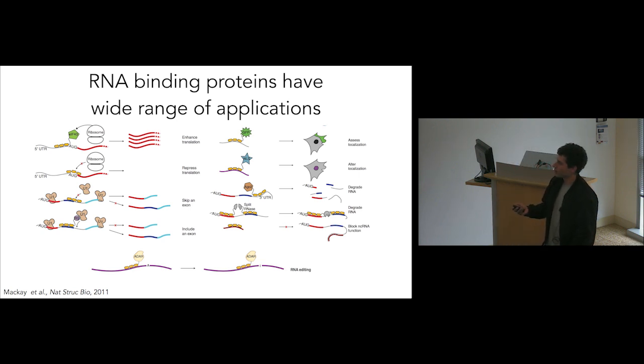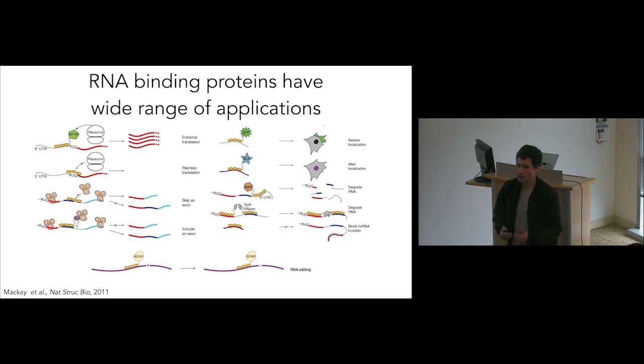So by fusing different domains, you can modulate translation, modulate splicing, assess localization, which we've done, but also alter localization. And you can modulate, of course, RNA levels or change their function or even edit them. So we see a lot of future potential for the tool in mammalian cells, and we're really interested in people using it for many different things.